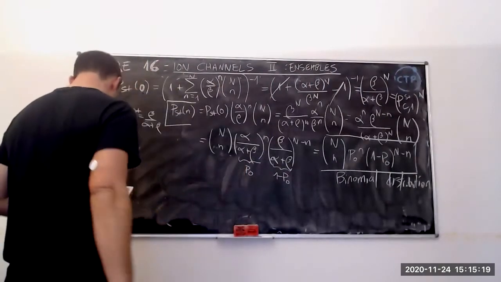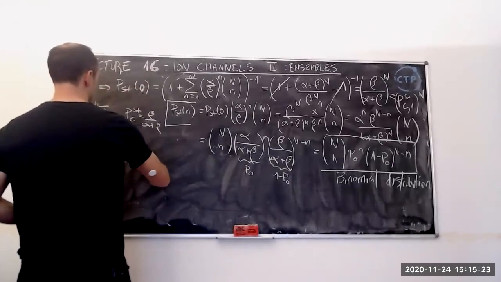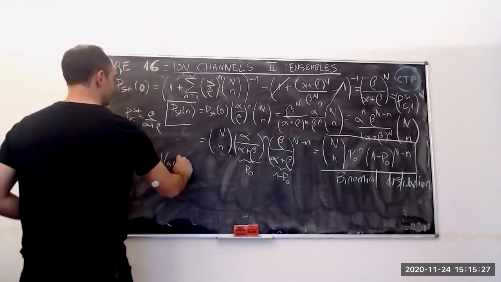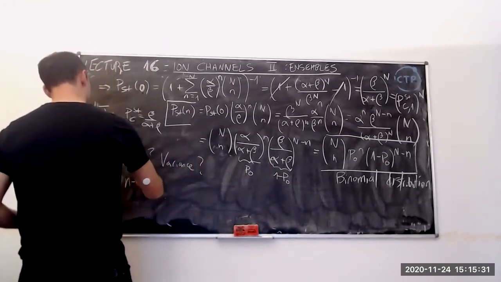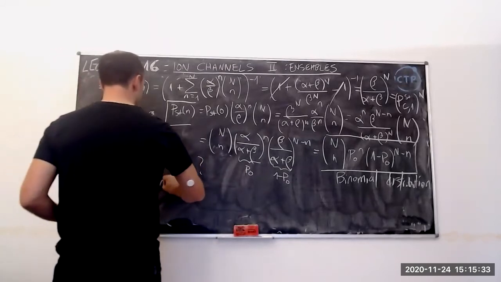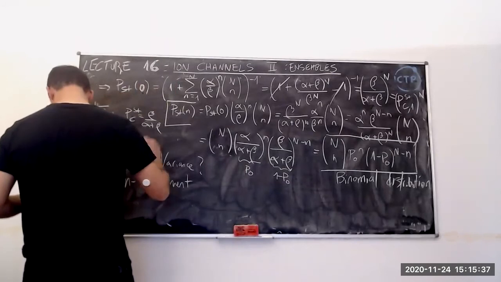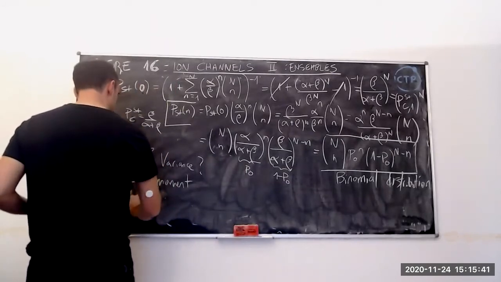So one thing we could do, for example, is the mean, the variance, or the k moment.